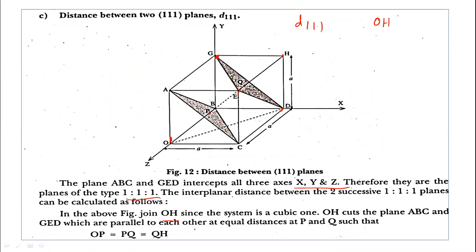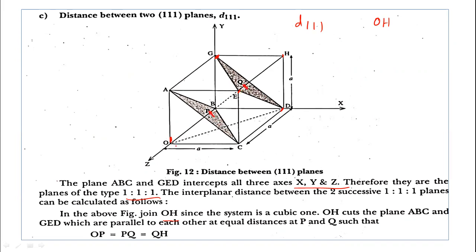You can see the diagram, at equal distances at point P and point Q. This is the distance between the two planes.